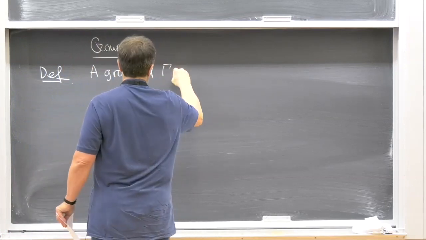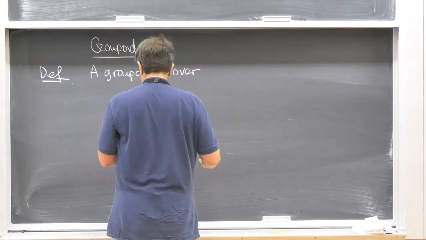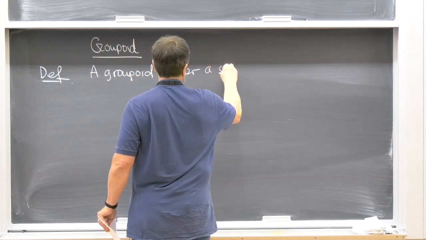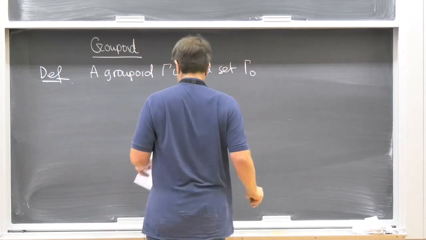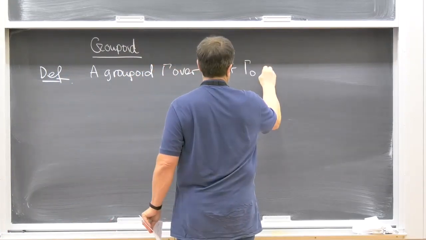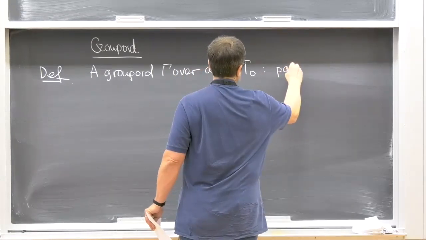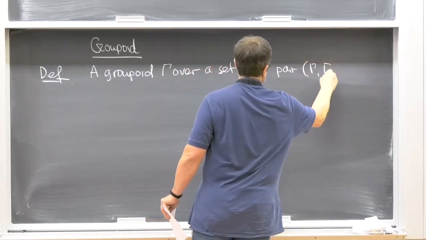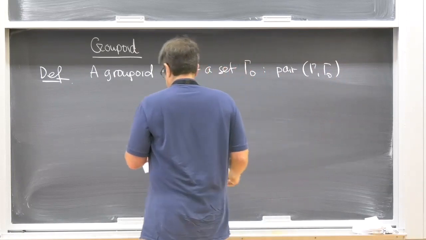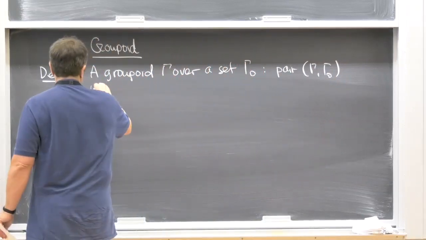So we have a groupoid over a set, gamma naught, a pair with operations.